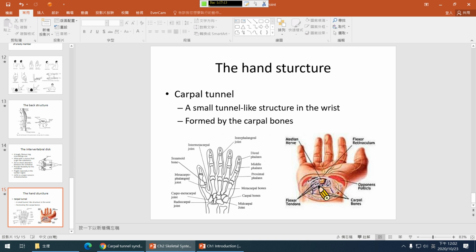Now, the hypothesis is this: the friction causes pressure on the median nerve. Furthermore, if your wrist is bent, it's even worse, right?